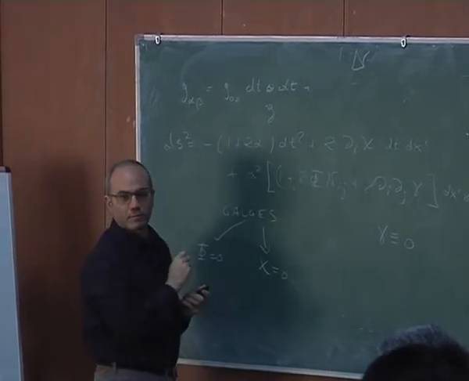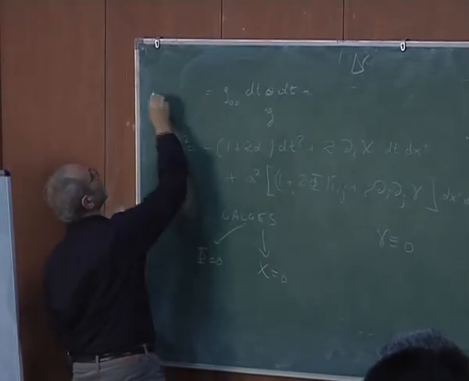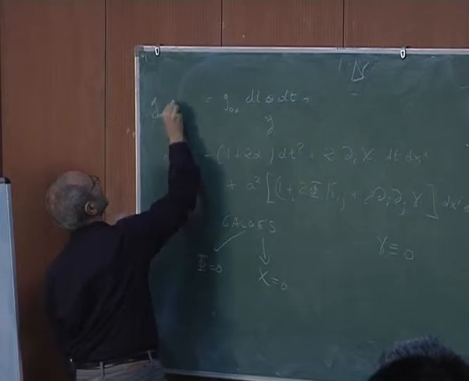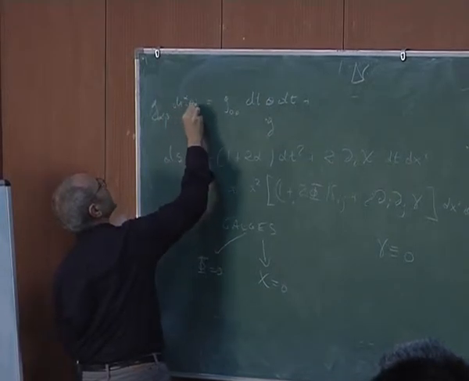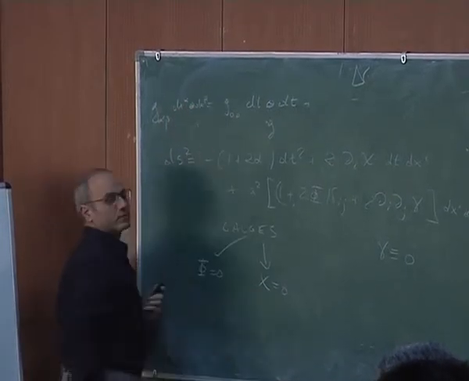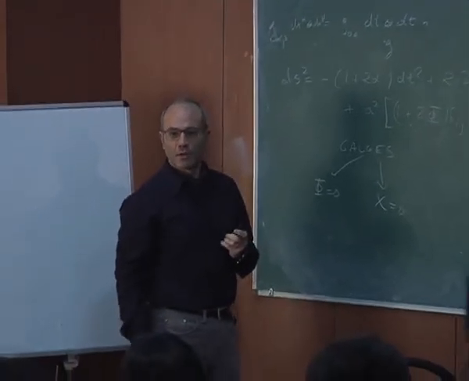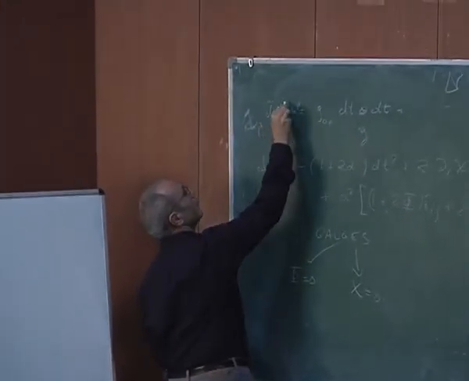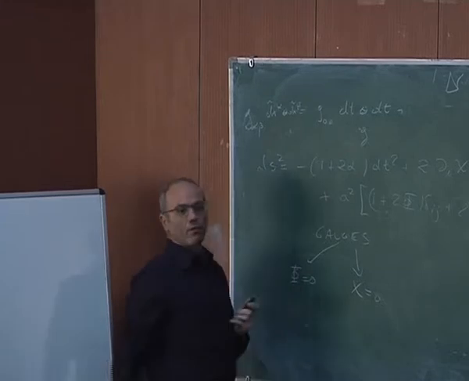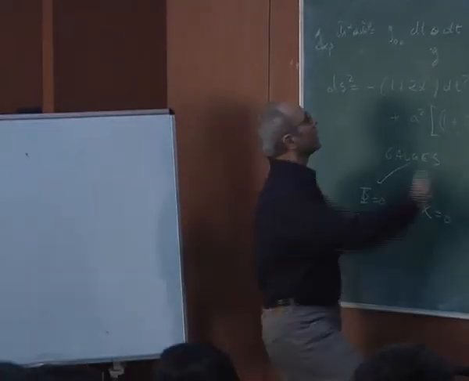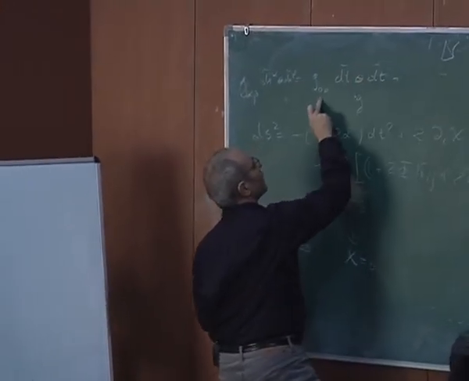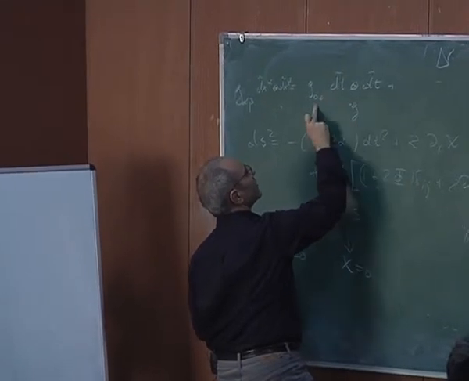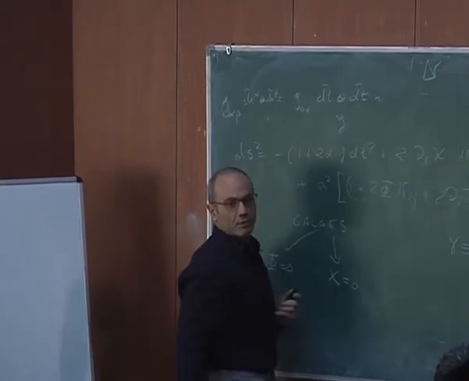Actually, I should have written g alpha beta dx alpha dx beta, where these are one-forms. So what I wrote there: this is dt dt, g00 will be minus 1 plus 2 alpha.